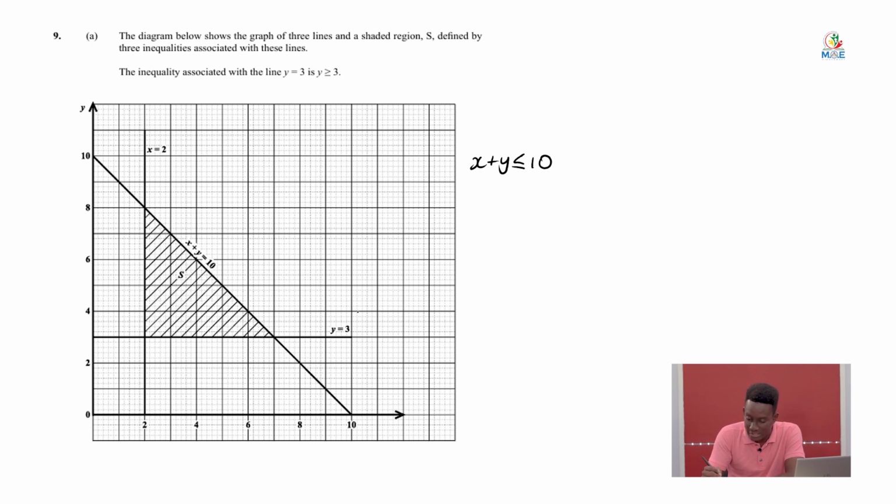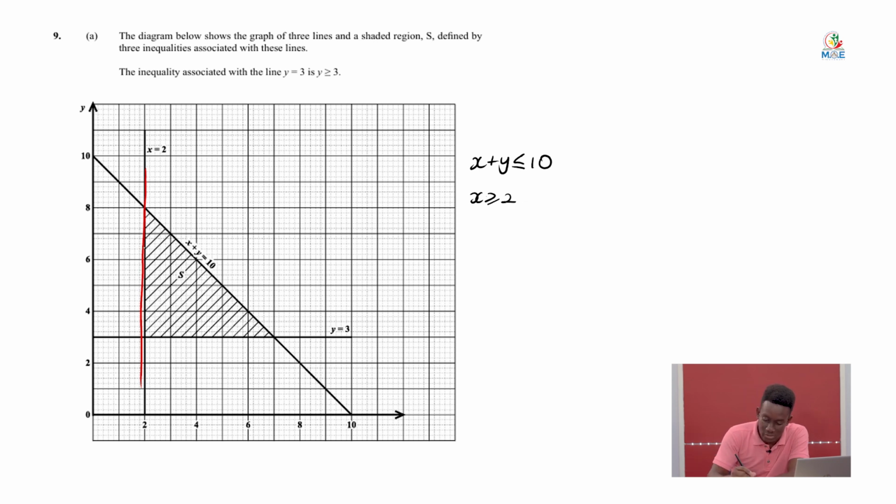So the other line that I have would be x equals 2. So I see, of course, all the numbers here will be numbers greater than 2. So the next inequality that I can have, since this is a solid line, the 2 is a solid line, I can say the other inequality will be x is greater than or equal to 2.